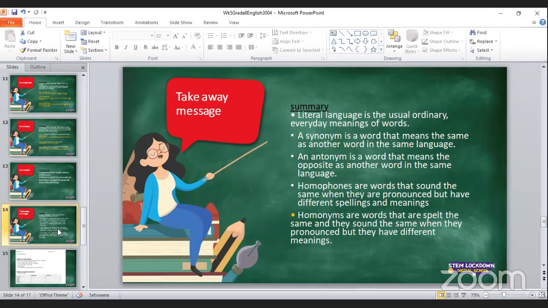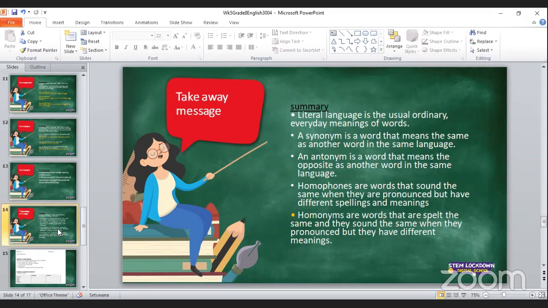Okay. A synonym is a word that means the same as another word in the same language. An antonym is a word that means the opposite of another word in the same language. Homophones are words that sound the same when they are pronounced but have different spellings and meanings.